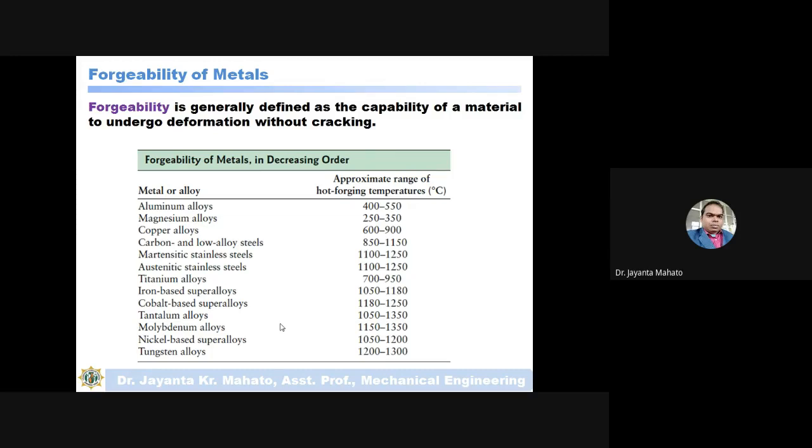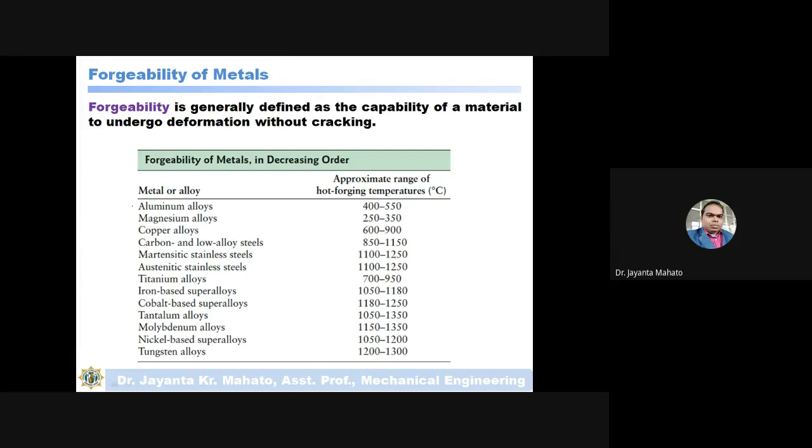It tells us how easily the material can be forged. This is the basic meaning. Here the materials are listed in decreasing order of forgeability.